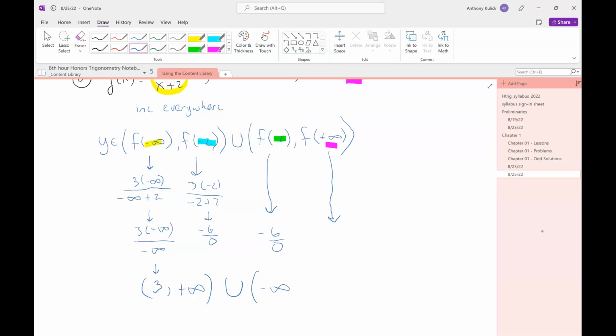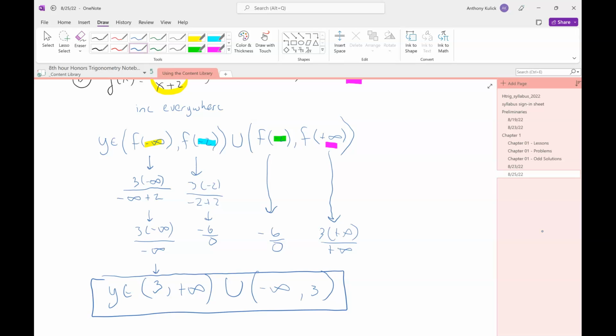And then this is going to be three times positive infinity over positive infinity, or just 3 again. So there we go.